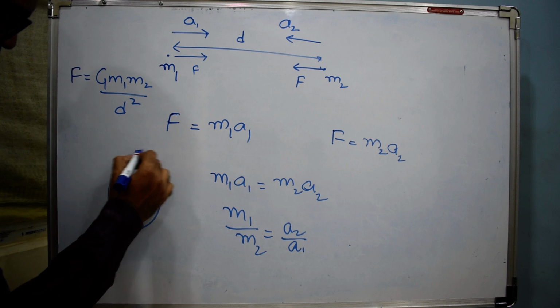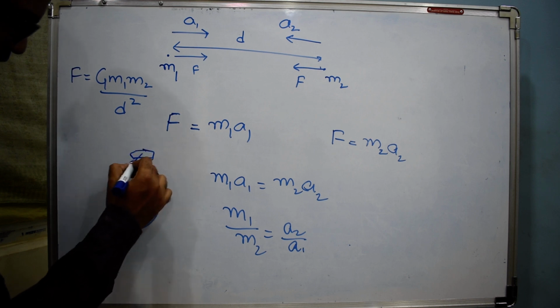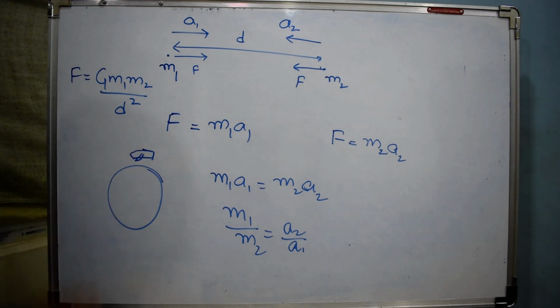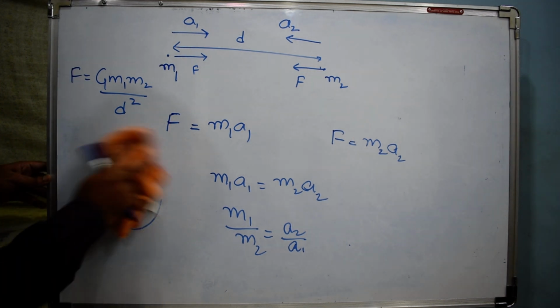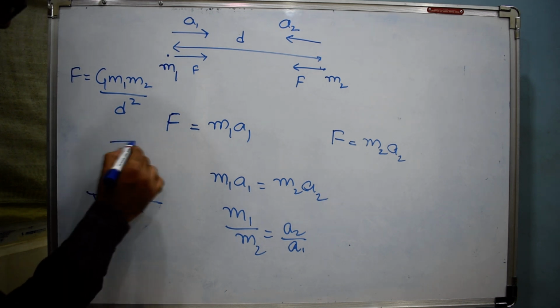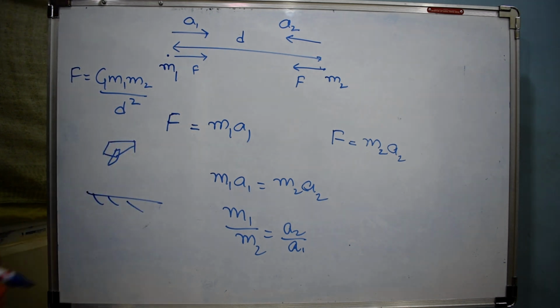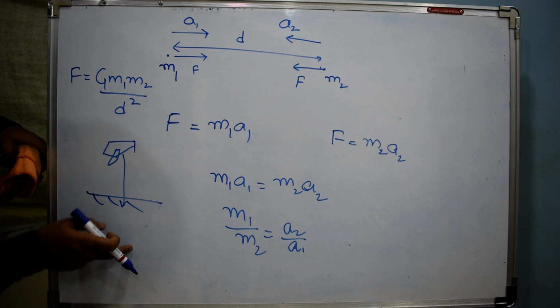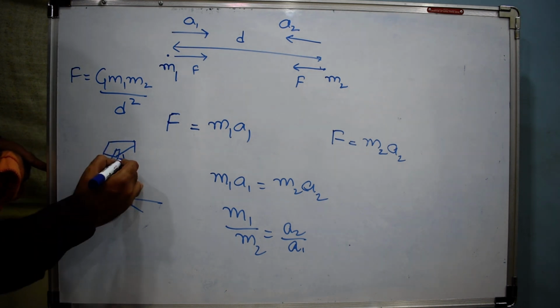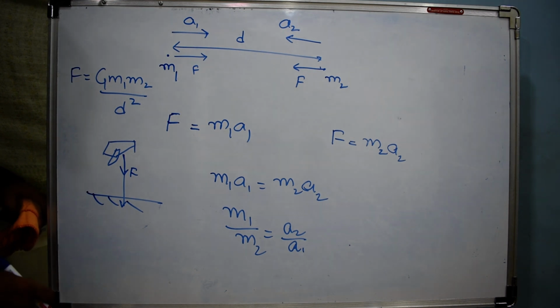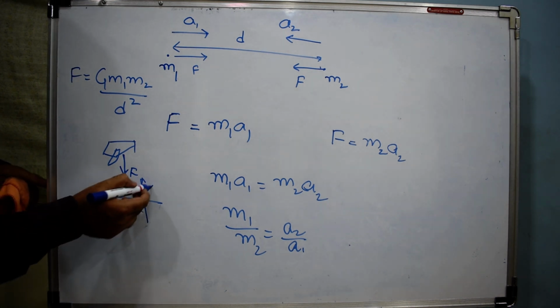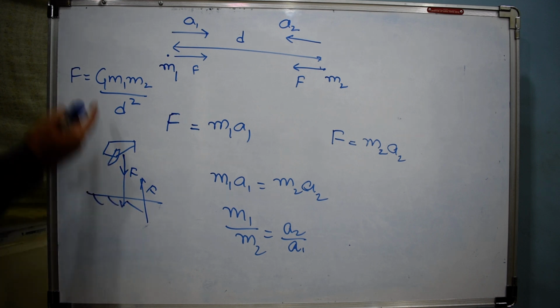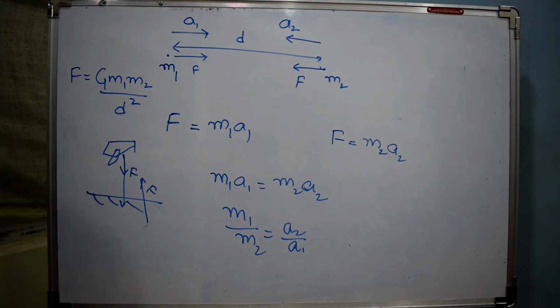This is the ground. If a plane is flying in the air and its engines stop working, the earth pulls it downwards due to the gravitational force, and as a result this plane will also exert the same force on the earth. If this plane is experiencing a force F in the downward direction, the earth will also experience the same force due to this plane towards the plane. Each of them will try to attract each other.